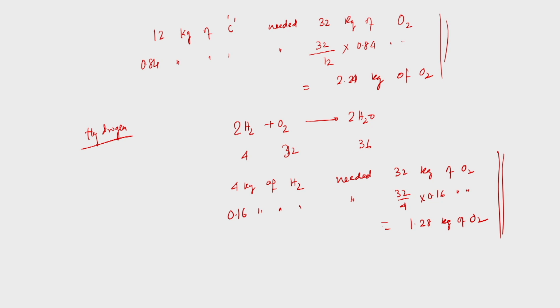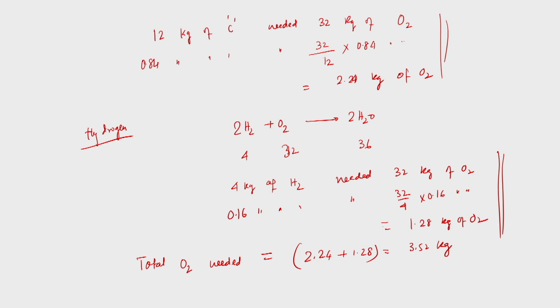So what is the total amount of oxygen needed? It is 2.24 plus 1.28, that is 3.52 kg. So we require 3.52 kg of oxygen for the complete combustion.